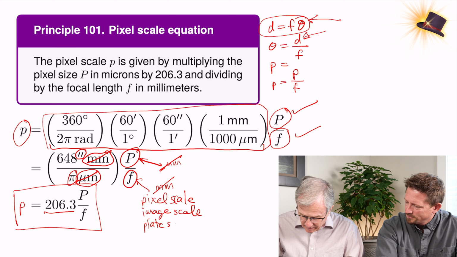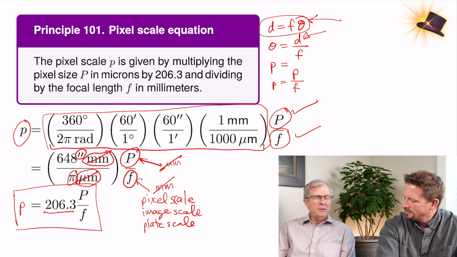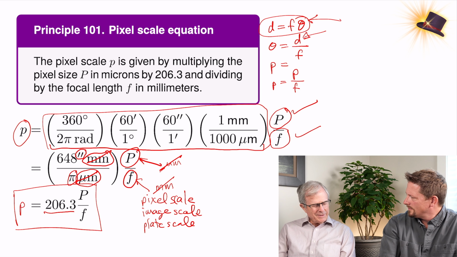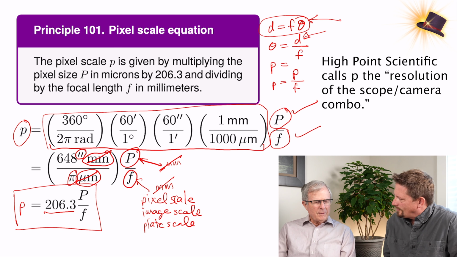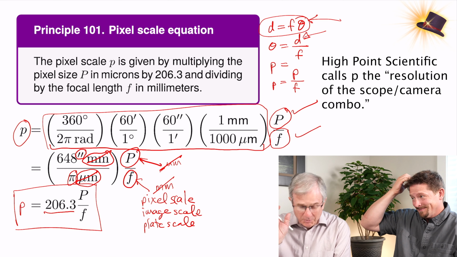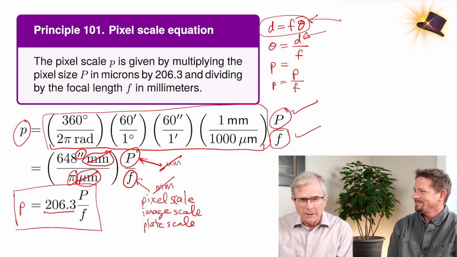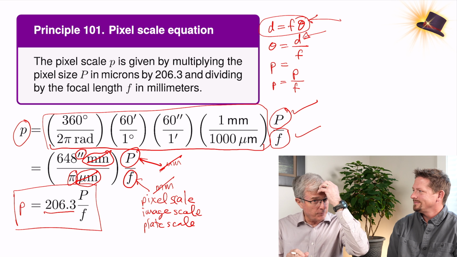Others called it the plate scale. And I think it was either on Gina Astro or the High Point Scientific website, they called it another way of describing it. Bottom line is all those different people are referring to exactly the same thing, just using different words.